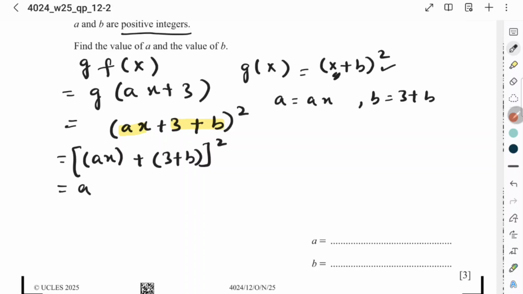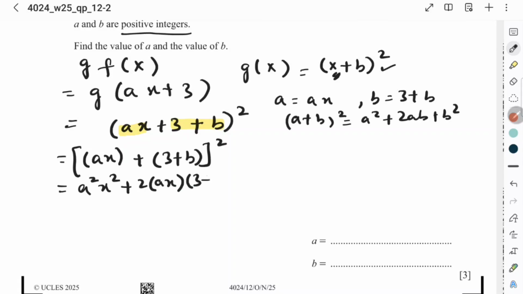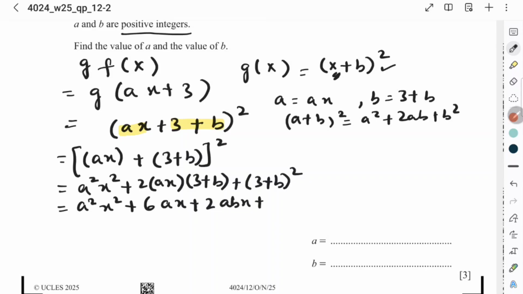(a plus b) whole squared is a squared plus 2ab plus b squared. Okay. So a squared x squared plus 2 times a times b, 2ab, plus b squared. So a squared x squared plus 2 times 3 is 6, 6ax, plus 2 times 1 is 2, 2abx, and here you use the identity a squared plus 2ab plus b squared.